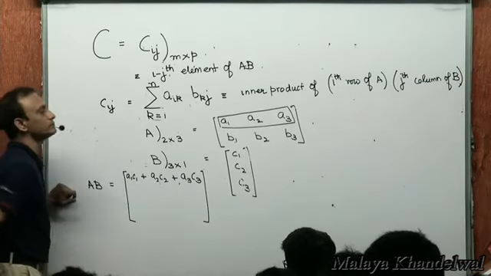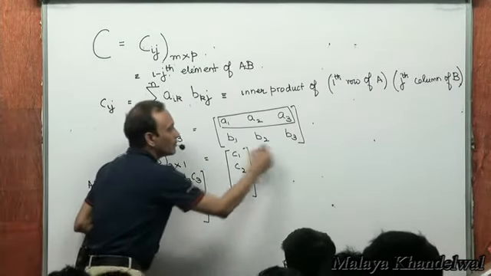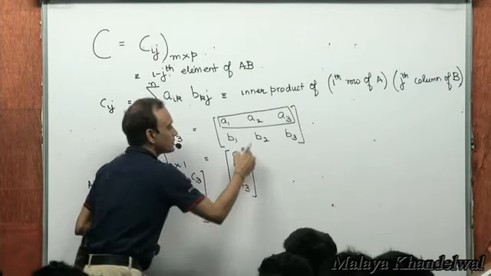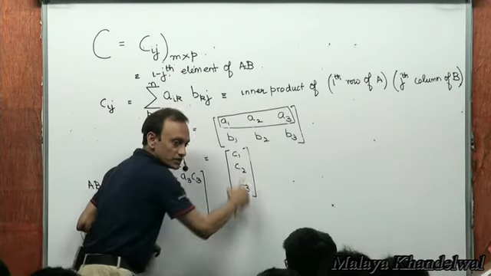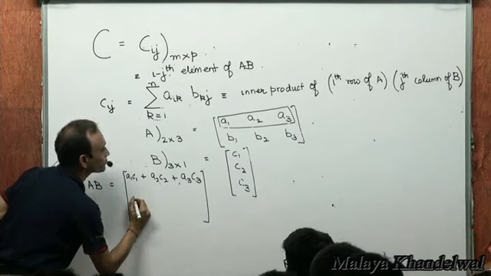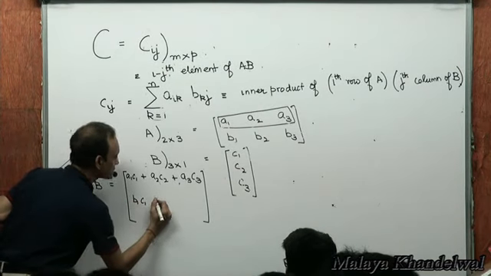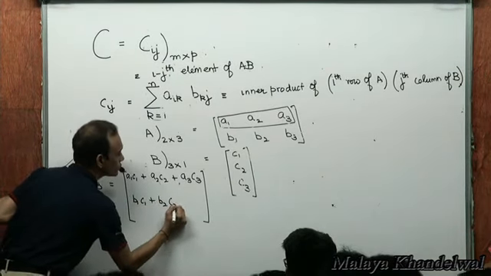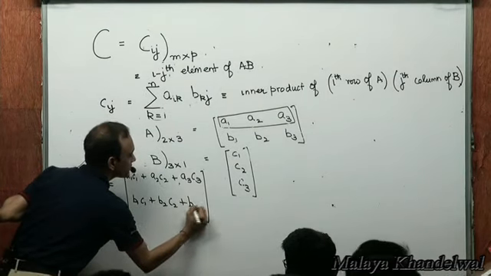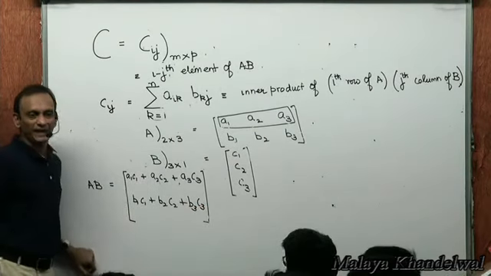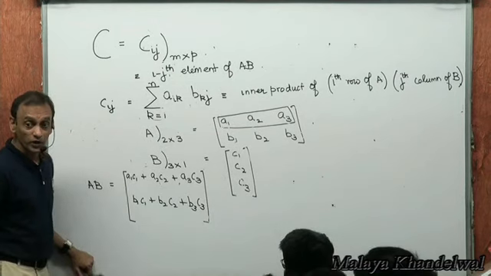Then I'll go to the second row of this and take the inner product of this and this. So that's going to give me B1C1 plus B2C2 plus B3C3. That's the output of this multiplication, yes or no?